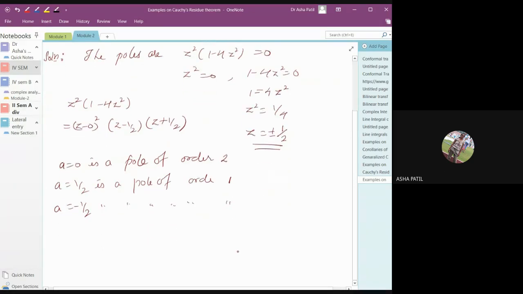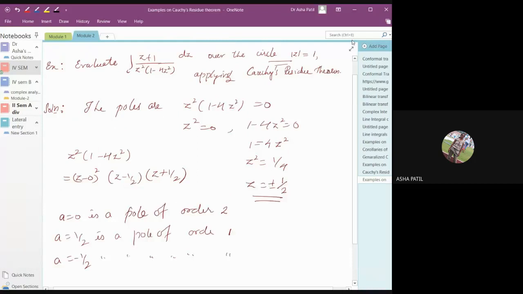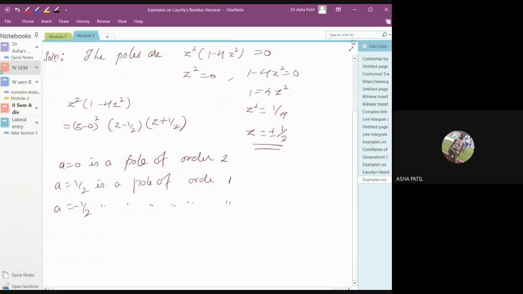Now let us find the residues. Which lie inside and which lie outside? We didn't check it. What's the circle? The circle is |z| = 1. Which points will lie inside and which lie outside? Madam, all the points lie inside.